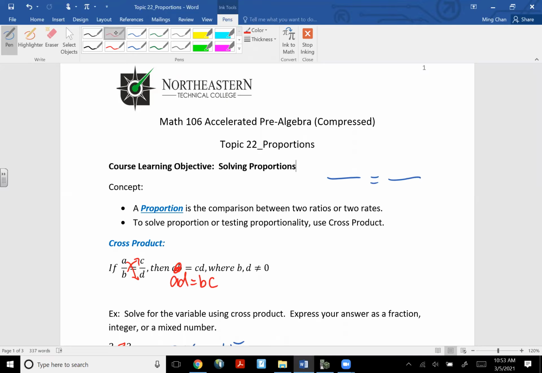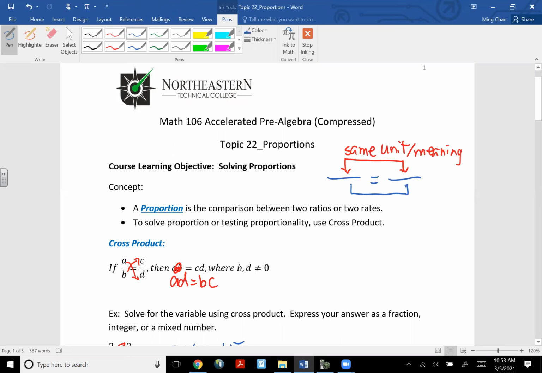The way I normally show students is to make sure you put the numbers with the same units or the same meaning top to top, and put another two numbers with the same units or same meaning on the bottom.